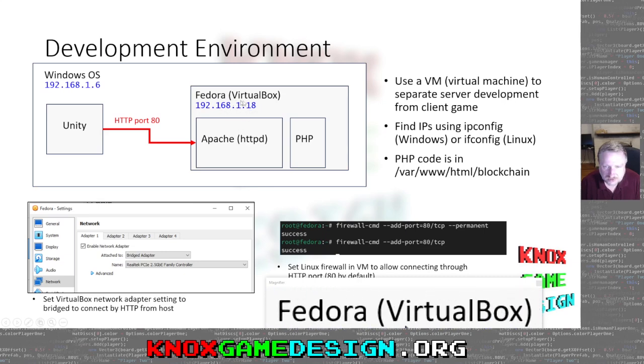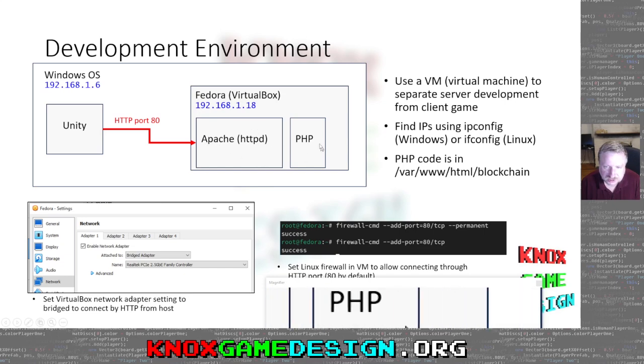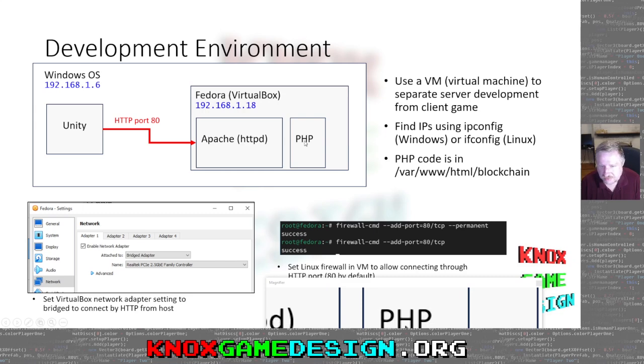On our Fedora VirtualBox, we're going to have Apache running, so that's what's going to serve our blockchain. And then PHP running right here. I'll go ahead and mention it now: this is kind of like a centralized blockchain. If you look at a lot of the stuff online, a lot of blockchains are set up not centralized, using peer-to-peer, where it's distributed out to many different systems, many different nodes.